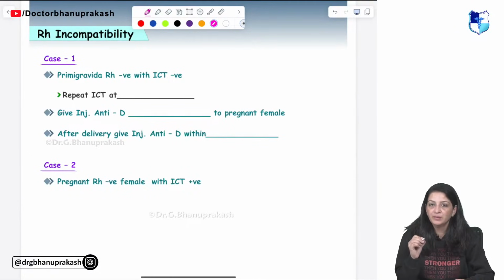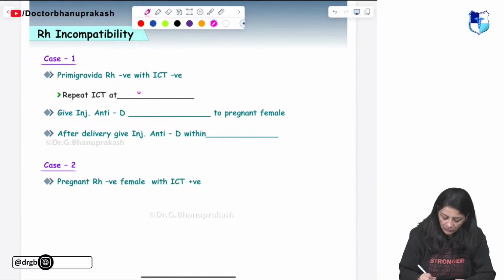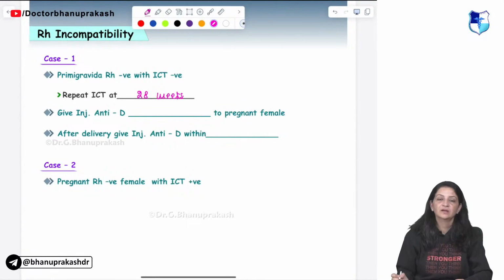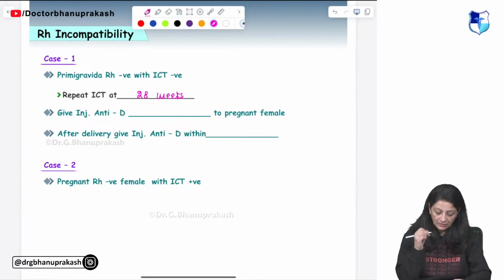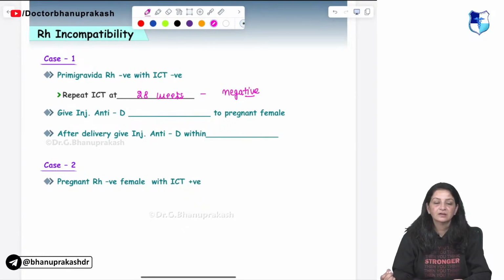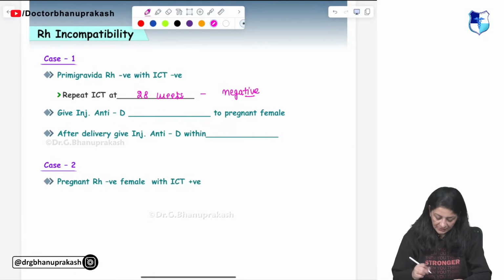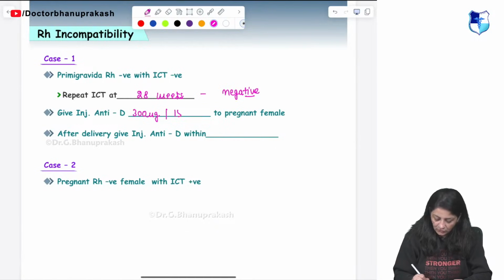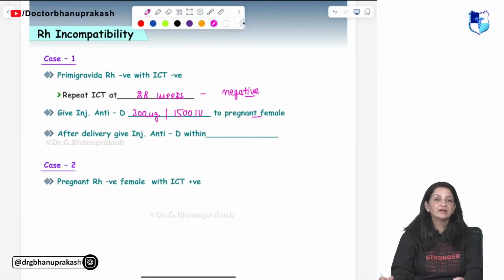So we have to repeat ICT at around 28 weeks of gestation. If again negative, then we have to give injection anti-D 300 microgram, or you can say 1500 international unit, to the pregnant female.